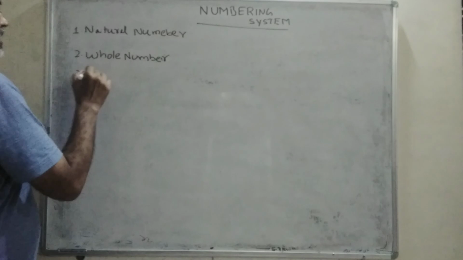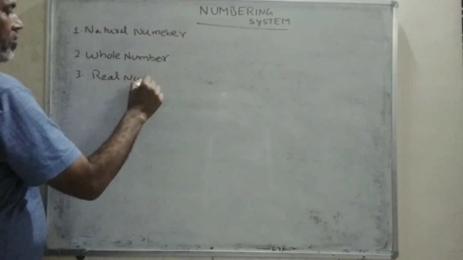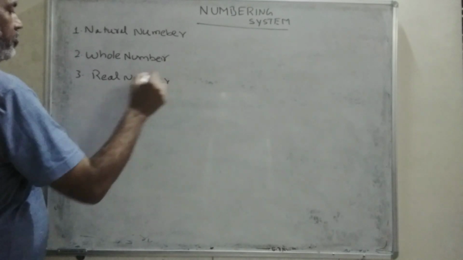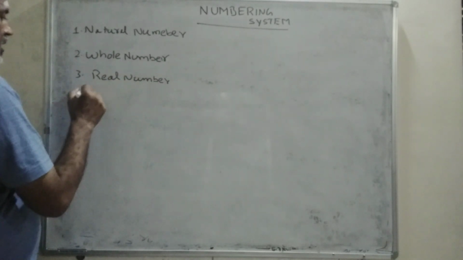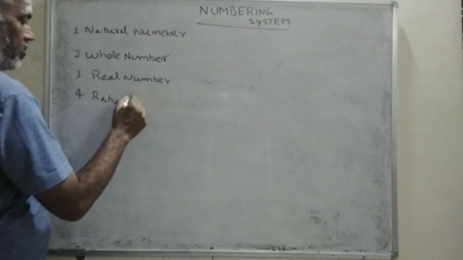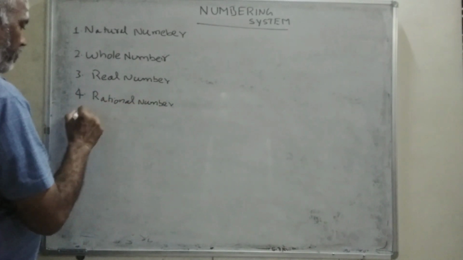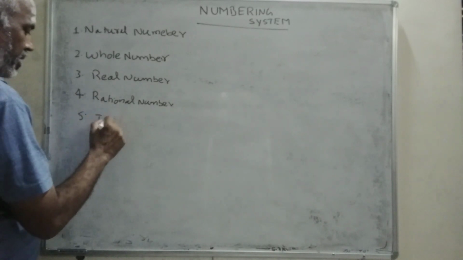And third one is real number. Fourth one is rational number. Fifth one is irrational number.